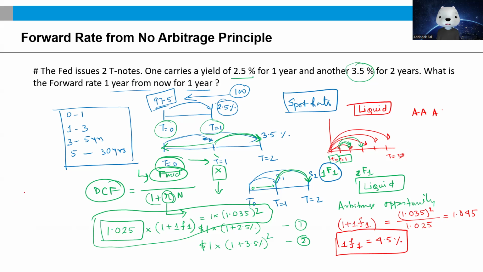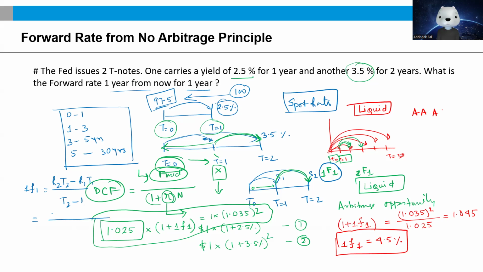Now, an elegant shortcut does exist, which will save you this calculation, and that could be written as 1F1 is equal to (R2 T2 minus R1 T1) divided by (T2 minus T1). All that you need to do is substitute the formula.